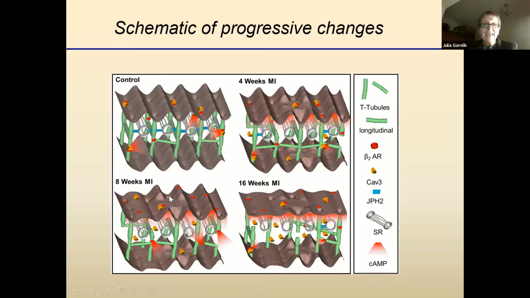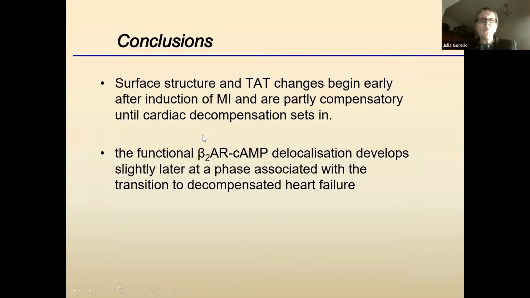By 8 weeks, we have some caveolin in the cytoplasm, and beta-2 receptors some in the T-tubules and some in the crest. At 16 weeks, you have full destruction, with all the caveolin-3 in the cytoplasm and beta-2 receptor everywhere. So the surface structure and transverse tubule changes begin early after induction of myocardial infarction and are partly compensatory until cardiac decompensation sets in.